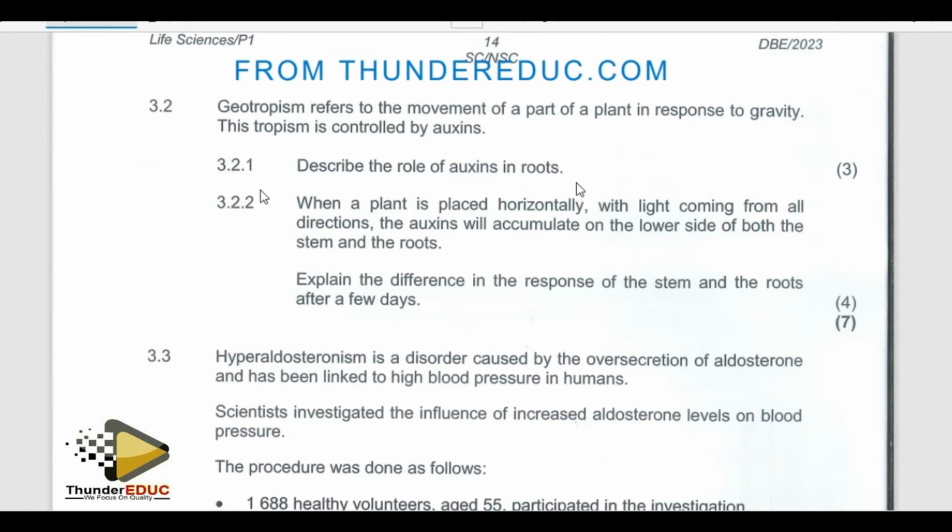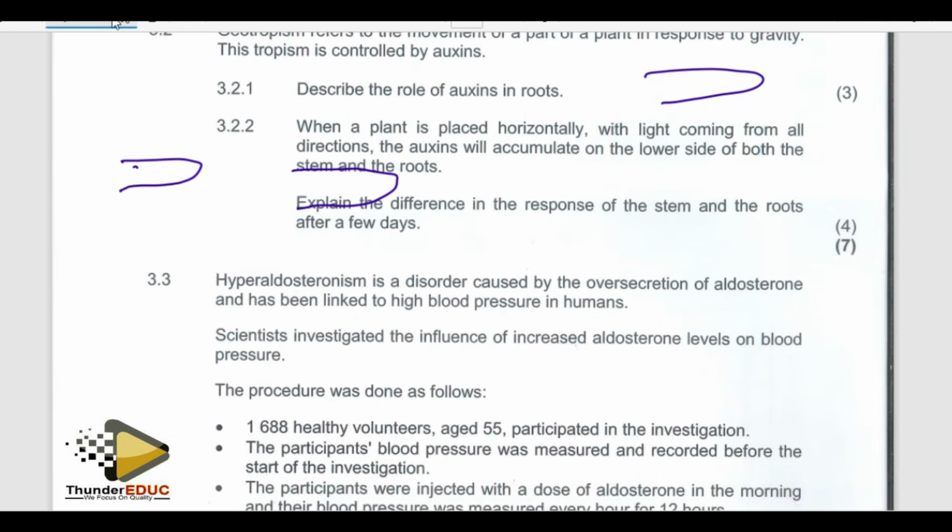Then they're saying that 3.22, when a plant is placed horizontally with light coming from all directions, auxins will accumulate on the lower side of both stem and root. Explain the difference in response of the root. Here they are asking you that if you place the two things horizontally, let me show you here.